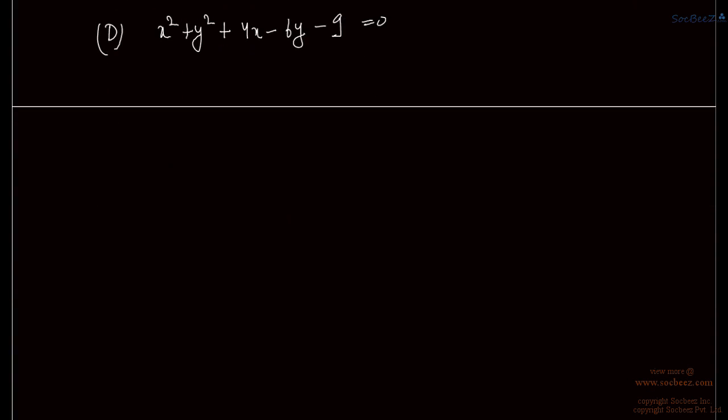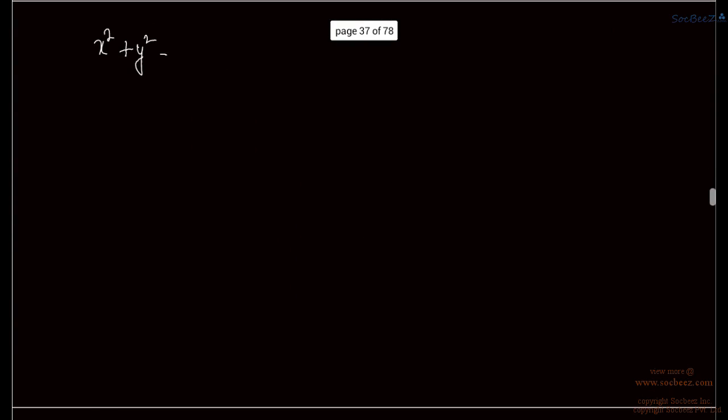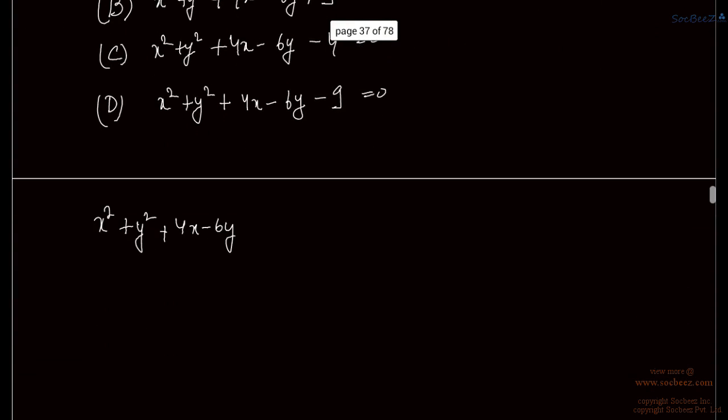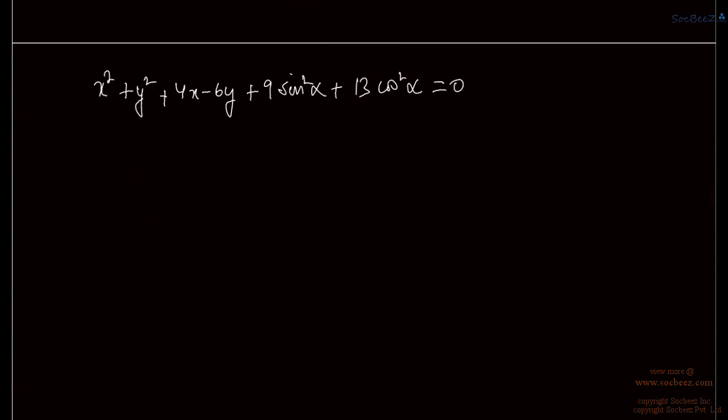The equation of the circle is x square plus y square plus 4x minus 6y plus 9 sin square alpha plus 13 cos square alpha is equal to 0, right? So we have a circle.